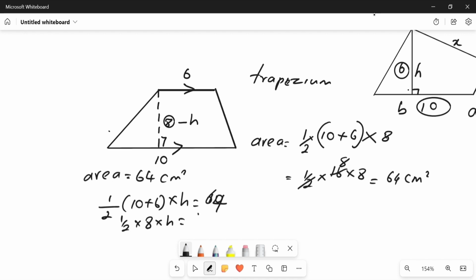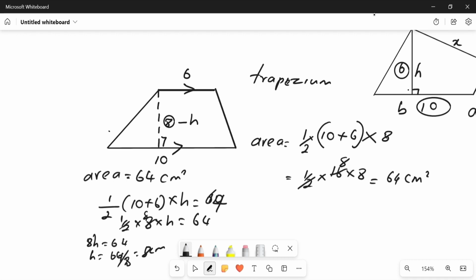So half into 16 times h equal 64. Cancel 16 by 2, 8 times h is 64. H equal 64 divided by 8, 8 centimeter. So if the area is given, you can find the height.